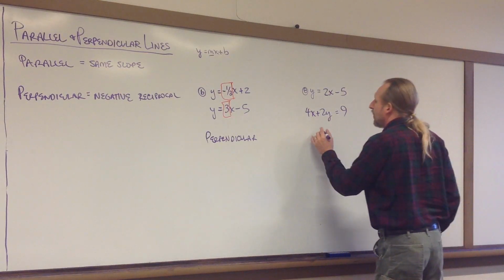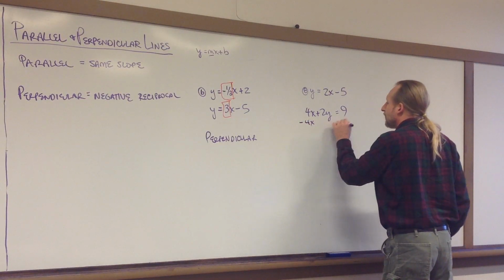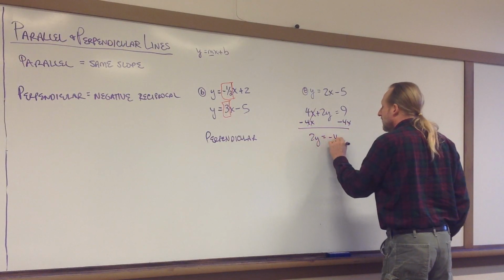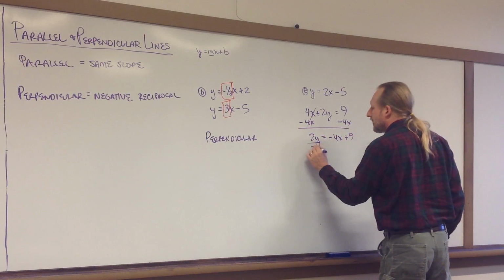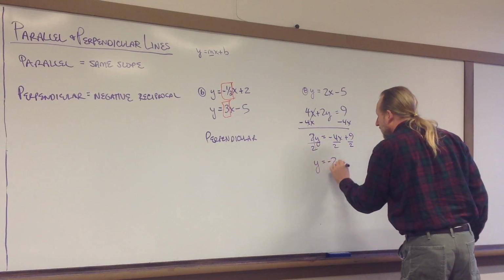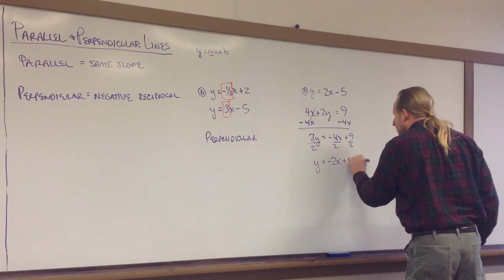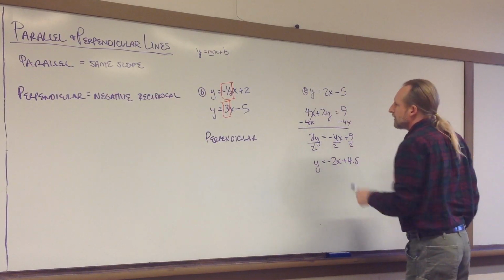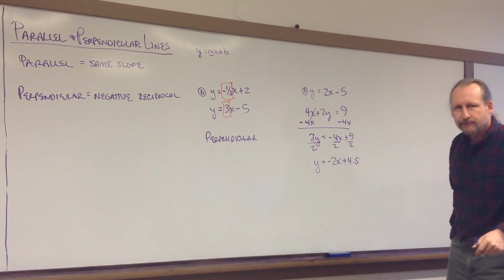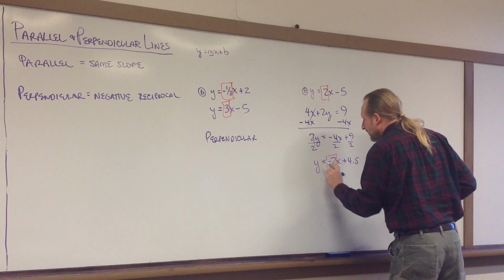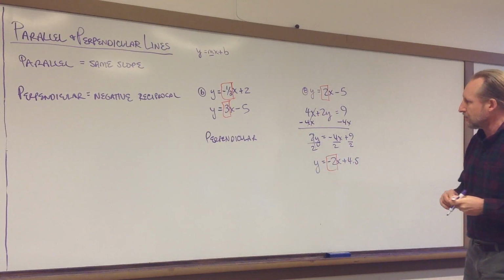Here we've got to get the y by itself, so let's move the 4x to the other side. 2y is negative 4x plus 9. And then divide everything through by 2. Negative 2x, and you can leave it as 9 over 2 if you want. So this is a positive 2x, this is a negative 2x. Now, they are negatives of each other, but they are not negative reciprocals, okay?